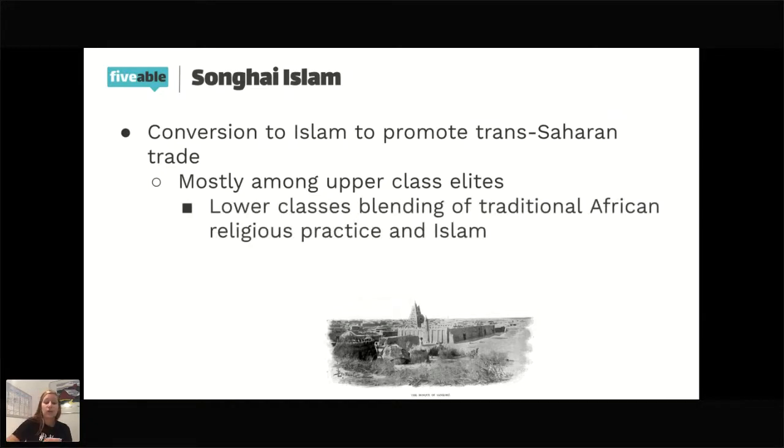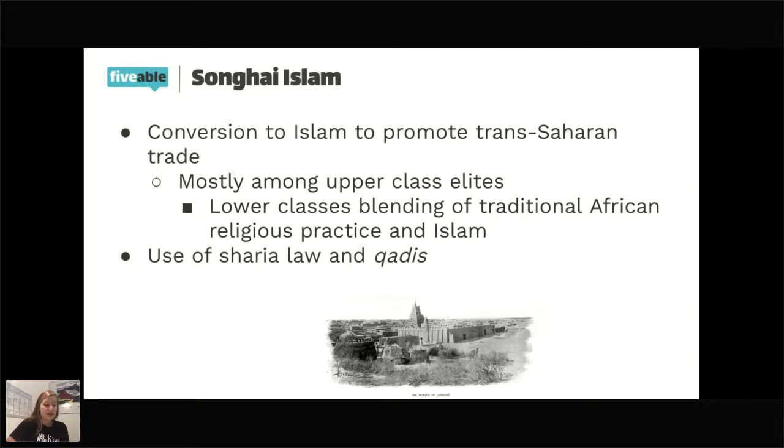But lower classes in the Songhai region of West Africa are still going to practice traditional African religions. They're going to, in a lot of cases, start to blend practices, where maybe we have Islamic laws that we're using and practicing, but our day-to-day religion is still our traditional African religions. And we start to see this, what's called syncretism, or this blending of religion in West Africa.